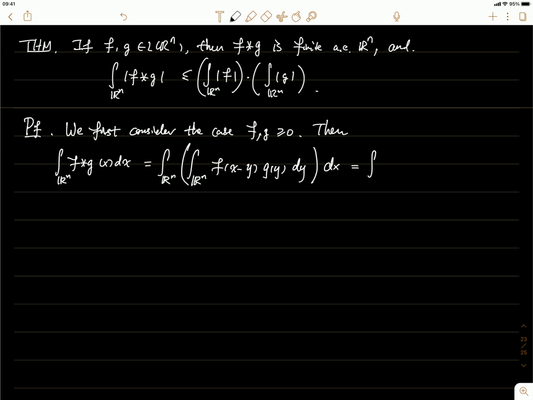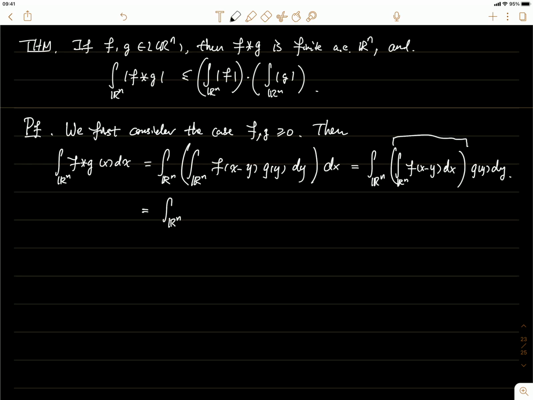You can see that only f involves the point x, so we can take the integral of f first, and then dy. For every fixed y, this part just gives us the integral of f over the entire space R^n. So this whole thing is independent of y, a constant, and we can move it out.